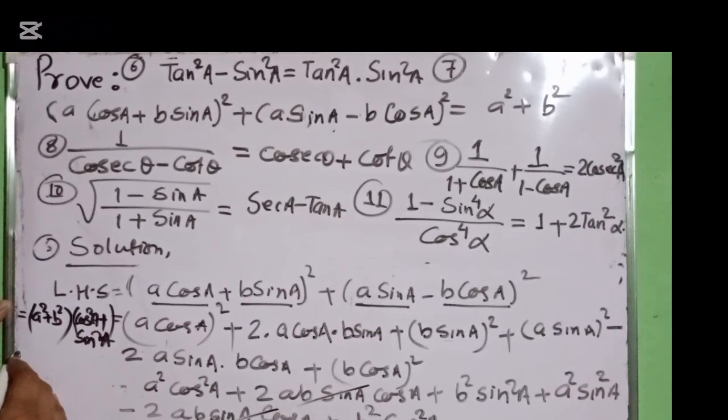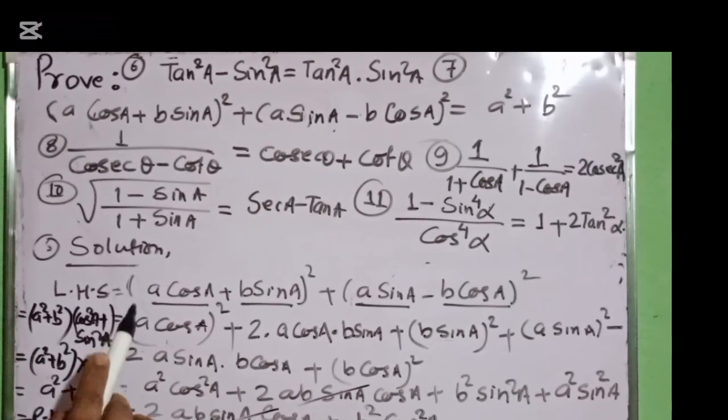We know that cos square a plus sin square a means 1. Then a square plus b square into 1 means we got a square plus b square. This is our right hand side. Then proved.